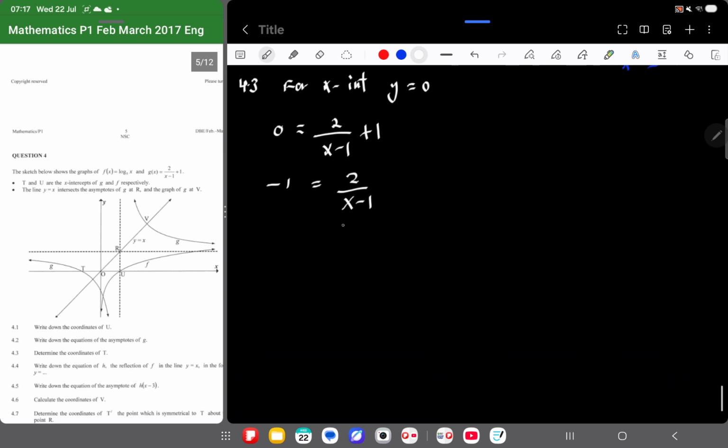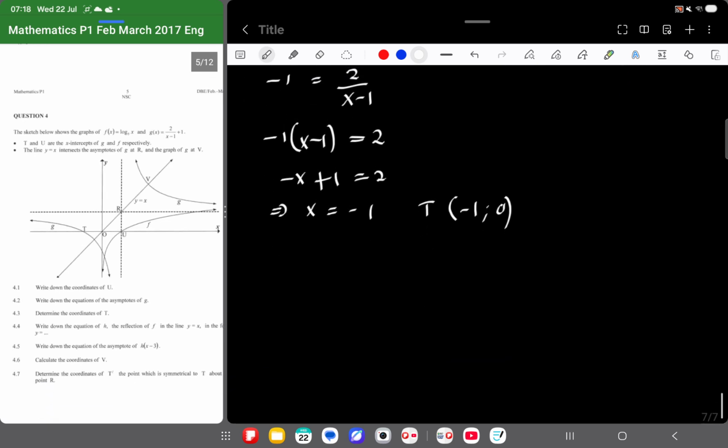Multiply both sides by x minus 1, the denominator, to clear the fractions. Doing that, we get negative (x minus 1) = 2. I can choose to divide by negative 1, but let me make it simple. Minus x plus 1 = 2. Take x to the other side, which implies that x = negative 1 when you solve that. So the coordinates of T, what did they say? Determine the coordinates of T. T will be (negative 1; 0) because it's an x-intercept.